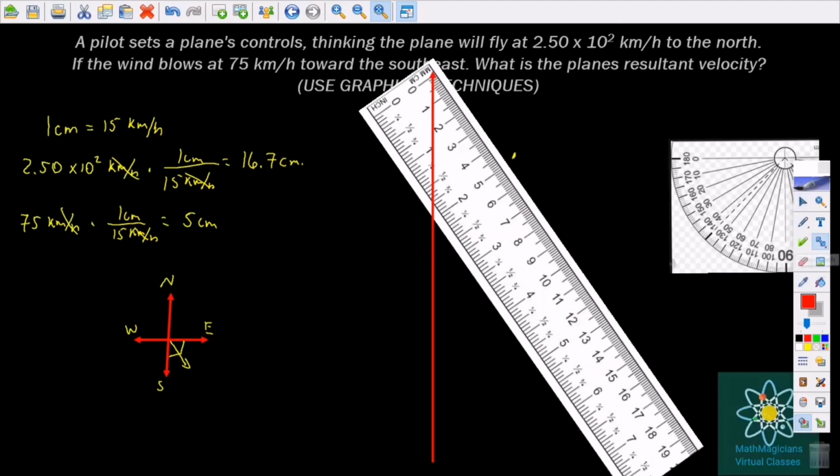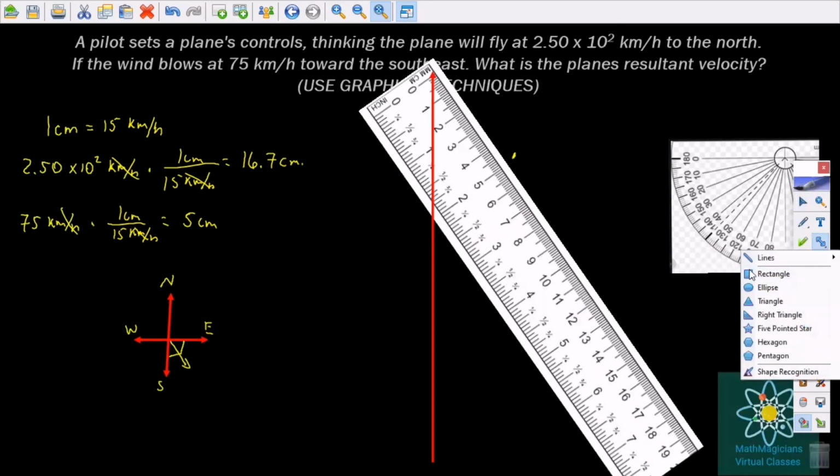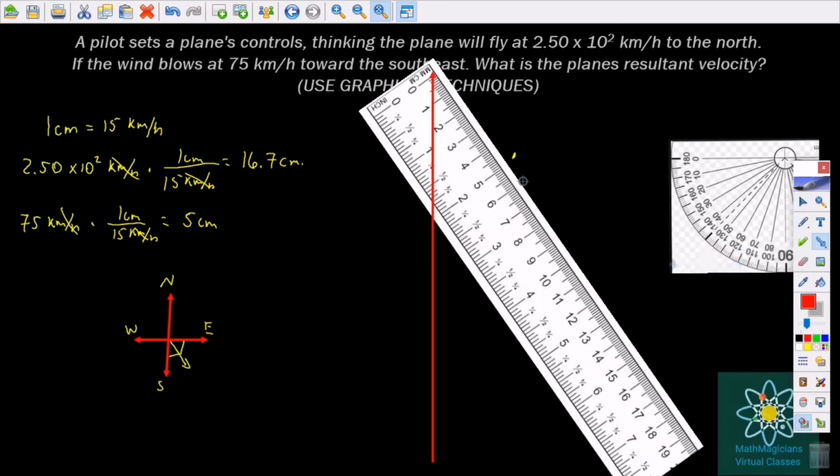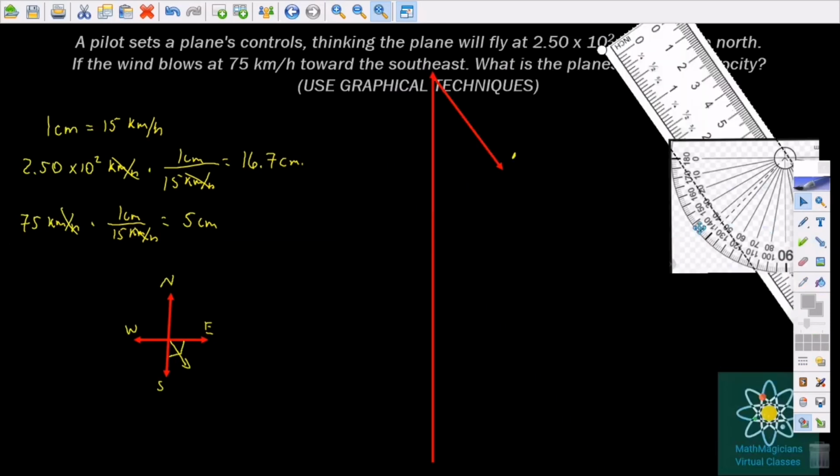Let's make our vector. Our vector goes from here for 5 centimeters until there, and the angle is 45 degrees. There you go. That's your vector.